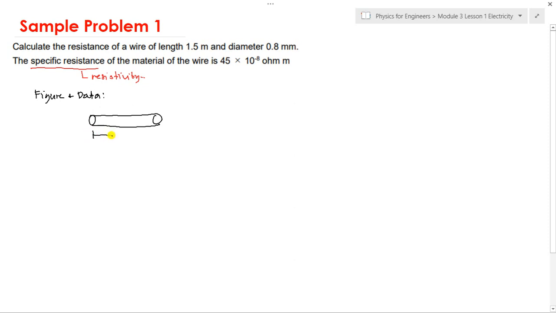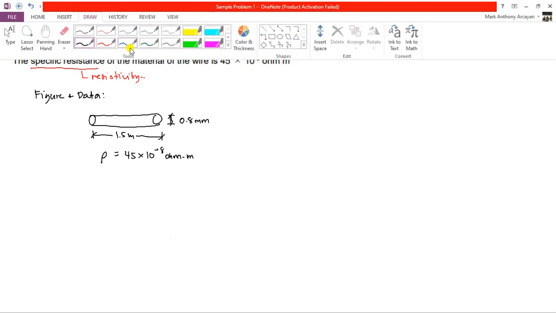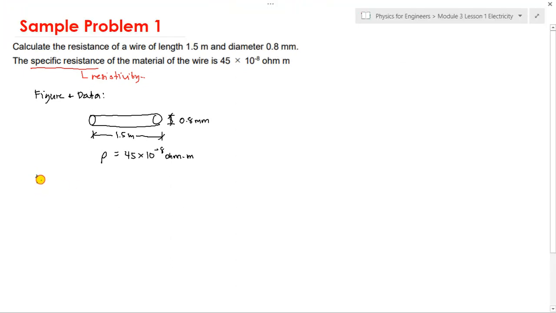So the length here is 1.5 meters, and then the diameter here is 0.8 millimeter, and then iyang resistivity rho is equal to 45 times 10 to the power of negative 8 ohm meter. So mana siya, and then atong requirement niini, so we are required to solve for R, the resistance of this wire or this conductor. So solution.